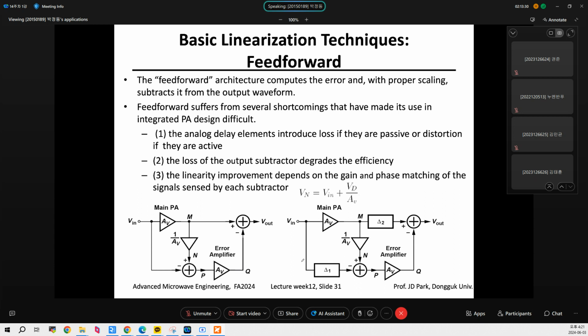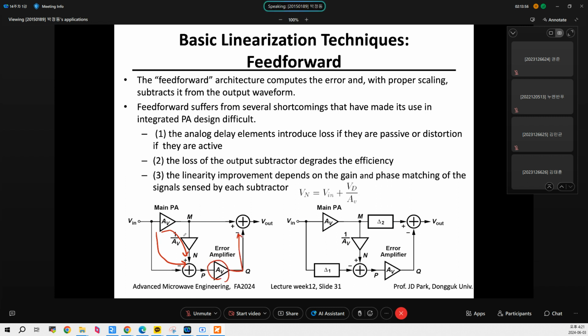So the input goes into two paths. This is path one. This is path two. So we just subtract, amplify again, and just add up.